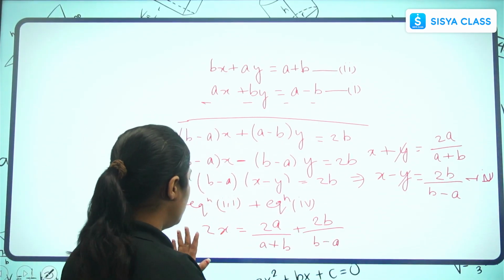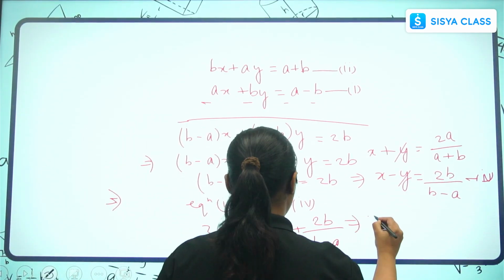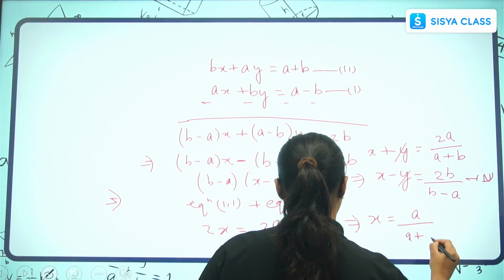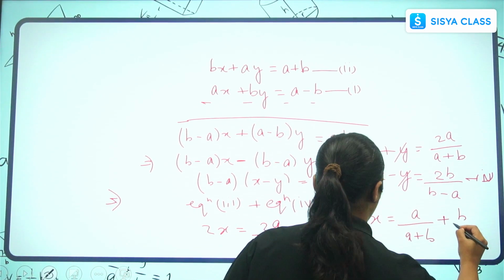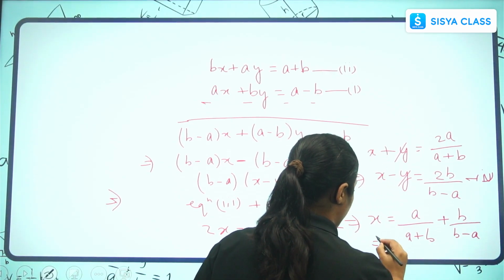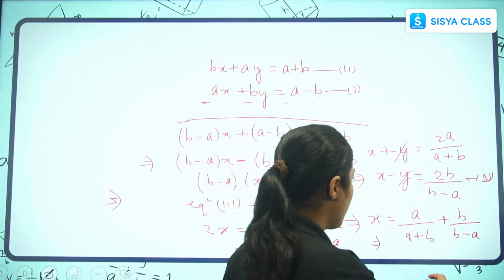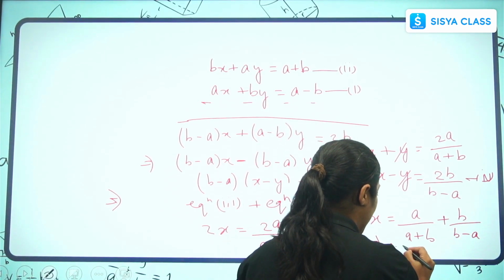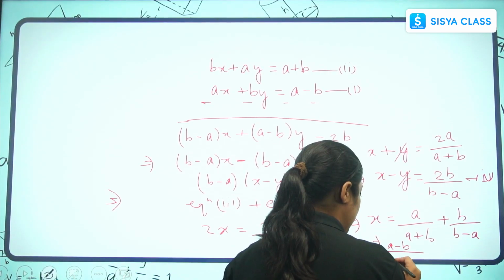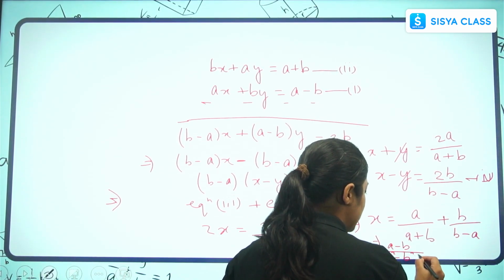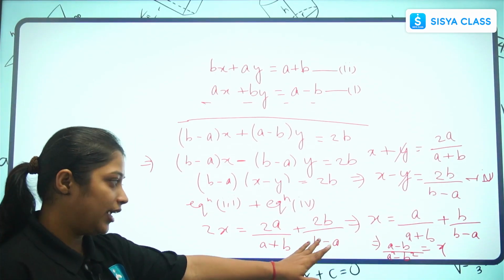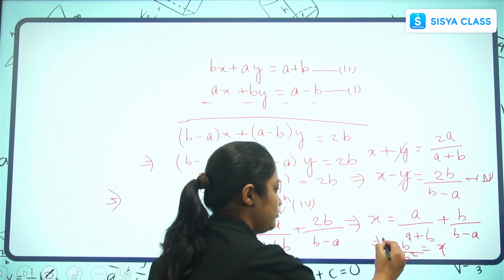Now 2 with 2 cancels out, so you will get x equal to a upon a plus b plus b upon b minus a. So from here you can say that it is a minus b upon a square minus b square, right? So the value of x is a minus b upon a square minus b square.